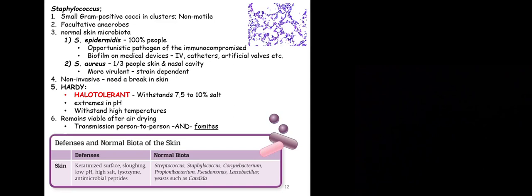The skin has the acid mantle, and that's one of the places they like to live. So they're perfectly fine with salt and acid. They can also withstand higher temperatures than most other pathogens, so they can handle some heating and still remain viable. They can also completely dry out and still remain viable.